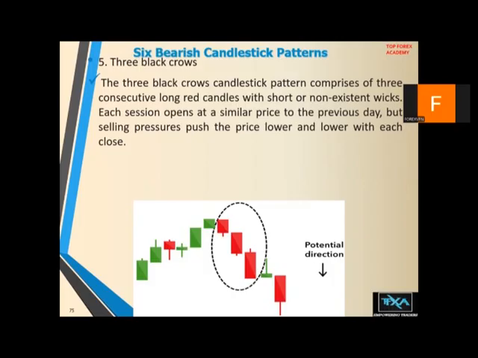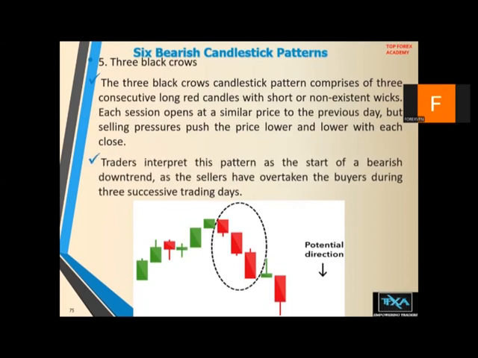Each session opens at a similar price to the previous day, but selling pressure pushes the price lower and lower with each close. Traders interpret this pattern as the start of a bearish trend as the sellers have overtaken the buyers during three successive trading days.